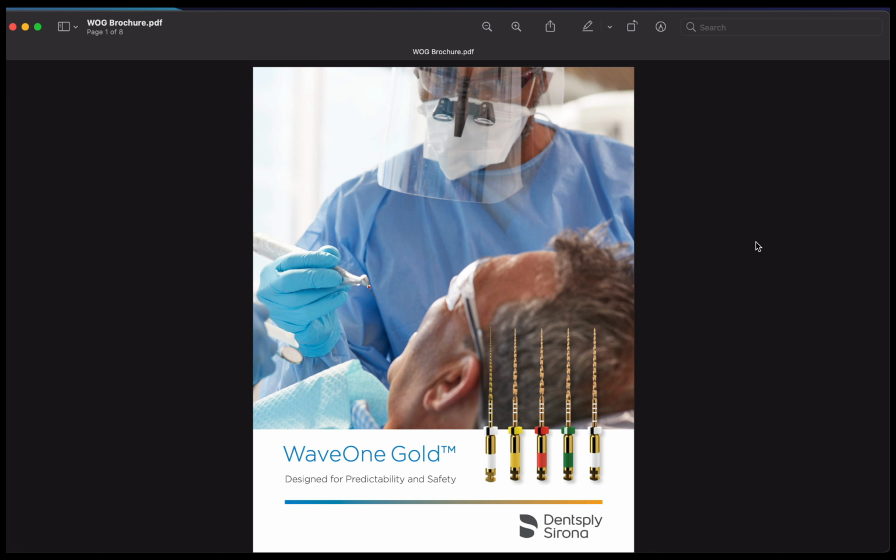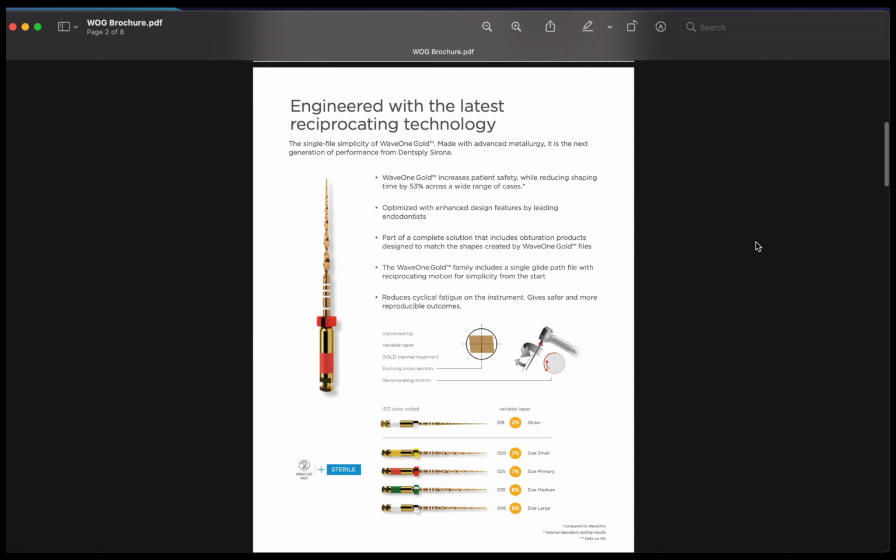So what that does is, in theory, it puts less strain on the file and decreases your chance of file separation. Now, that is a supposed plus to this system, and that's probably true. It's a little bit more rigid, though, in terms of the sizing options. The reason it's called Wave 1 is because it's marketed as being a single file system.